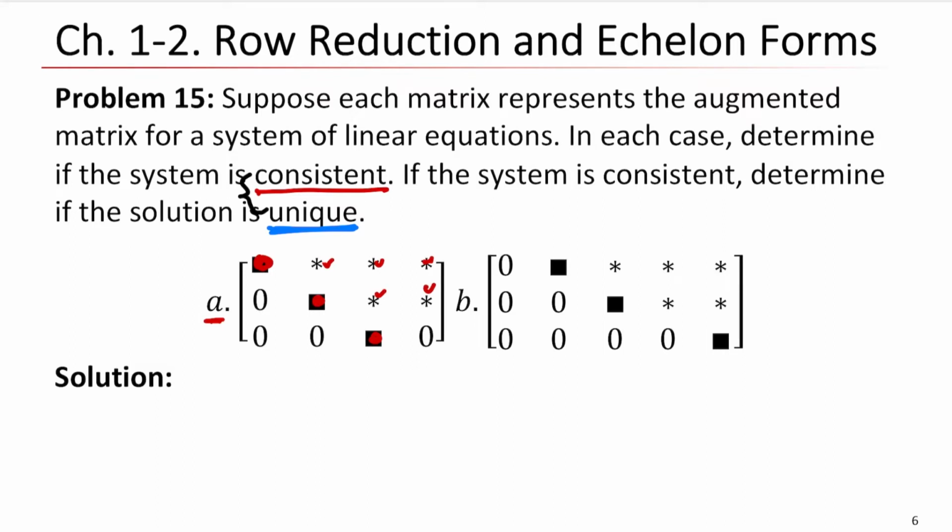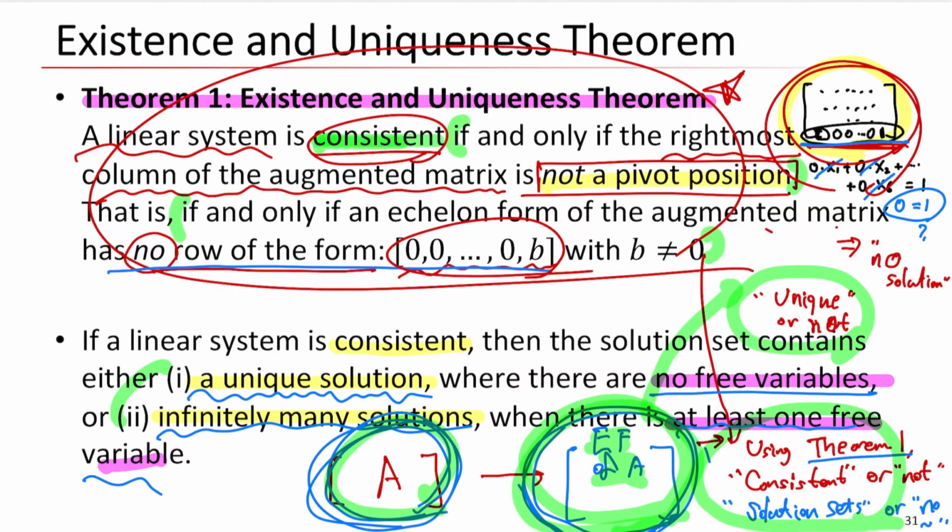To answer this question, we have to look at our previous lecture, lecture 2. This is the lecture 2 slide. In lecture 2, there is the existence and uniqueness theorem.